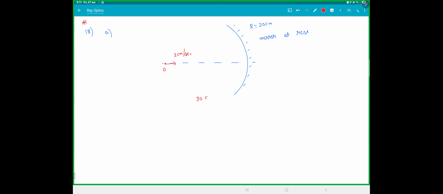And this is 30 centimeters. Find the velocity of the image. Try. Think for a minute, then I'll show you how to proceed with this. I'll show you the concept, but you try to see how to do this. Plane mirrors are easy. Curved mirrors, they won't go actually in a uniform thing. Find the velocity of the image with respect to the ground at this instant.